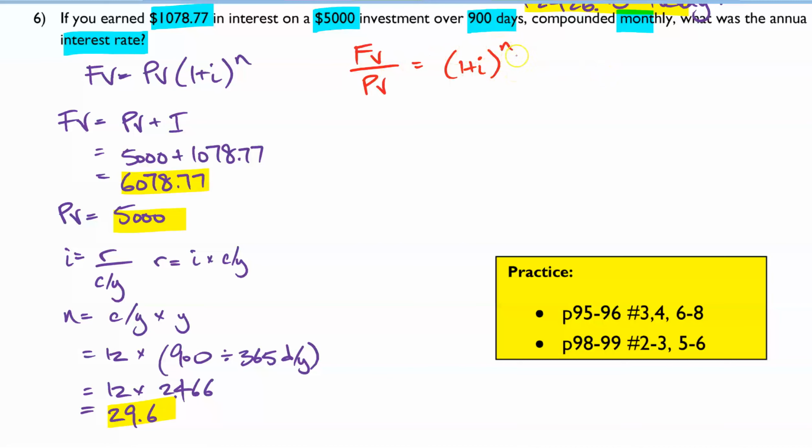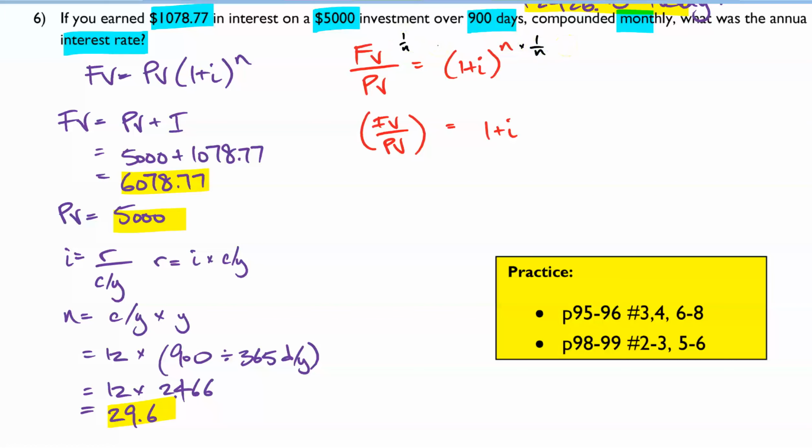In order to do that, I need to use the power of a power rule where I figure out what I need n to be multiplied by so that it can actually work out. So what happens here is this will be FV over PV in brackets. And if you guessed it, this will be 1 plus I now, because I multiply both sides by 1 over n, raised to the power of 1 over n.